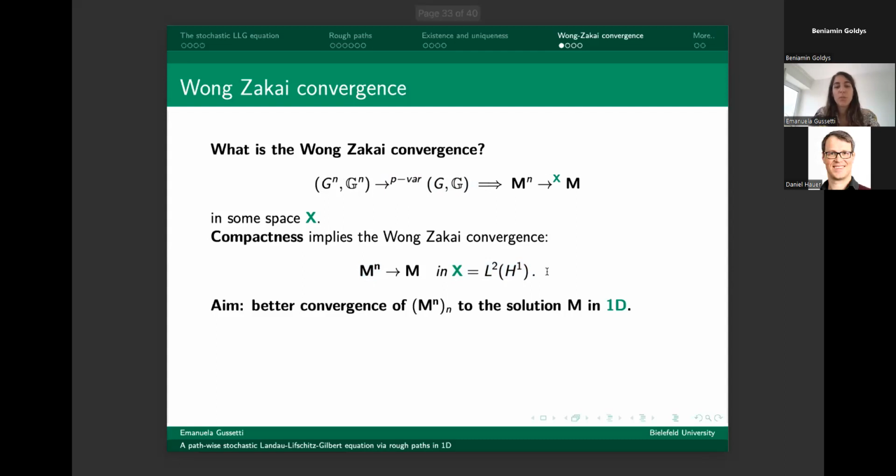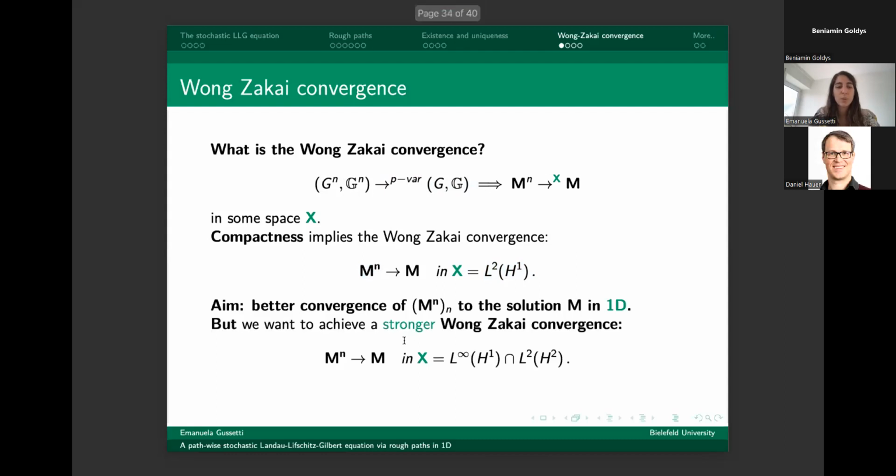So we would like to have better convergence to this solution in the best space that we can, that is the space of existence of the solution. So we would like to get the Wong-Zakai convergence in L infinity H1 and L2 H2. So this, the best that is possible.